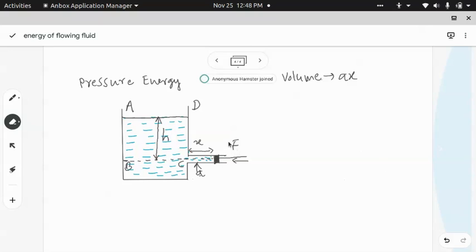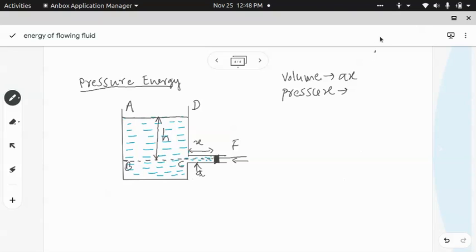Now you have to calculate the amount of pressure applied, because you have to study pressure energy. If you want to study pressure energy, then calculate the pressure. What can I write for the pressure? Previously we had studied what is meant by pressure.